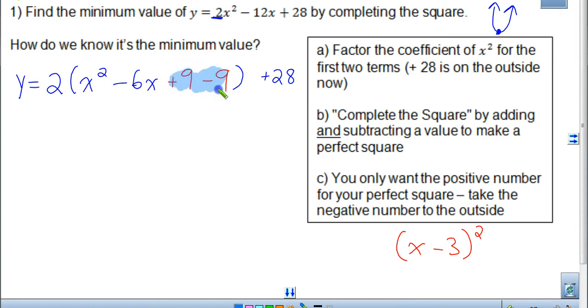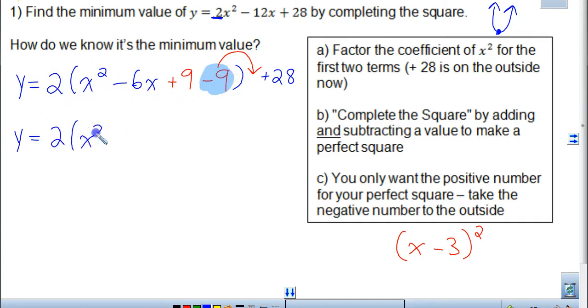Now though, I don't actually want that minus 9 inside my brackets because that's not going to help me with factoring the perfect square. So I want this negative 9 on the outside. One thing to remember is that with this 2 out here, everything in the brackets really should be multiplied by 2.